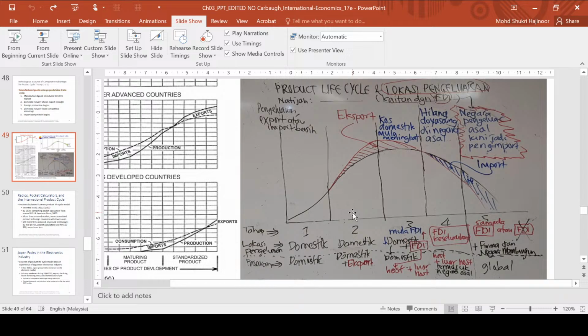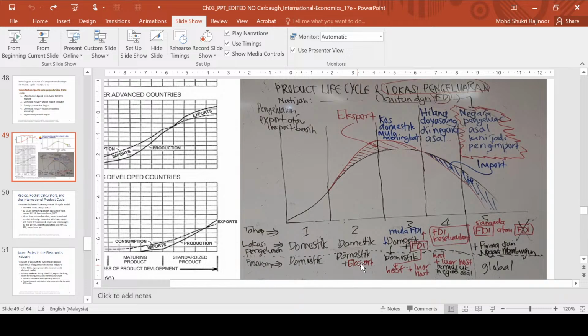The production is still domestic. The market now, export has been added to that. So production is domestic. The market now is both domestic and overseas, which is export.